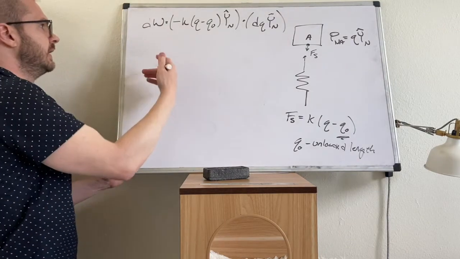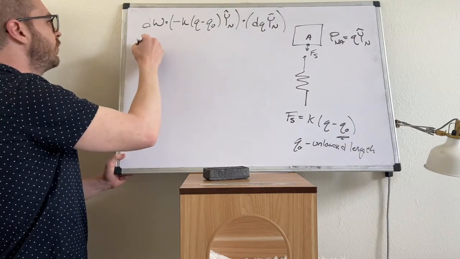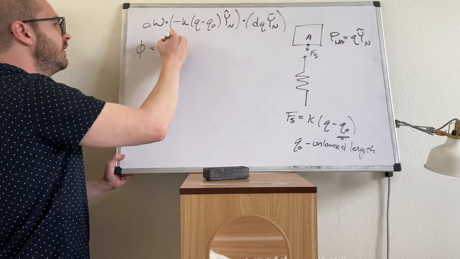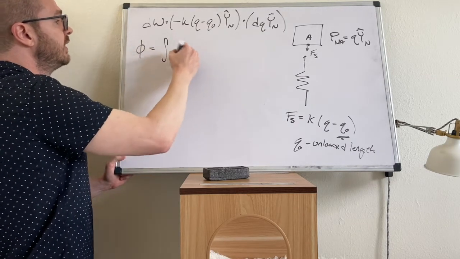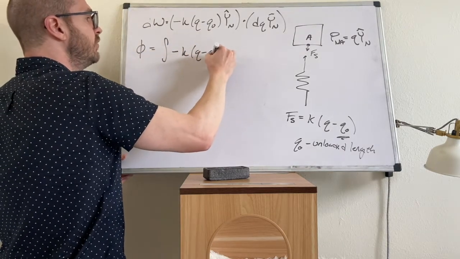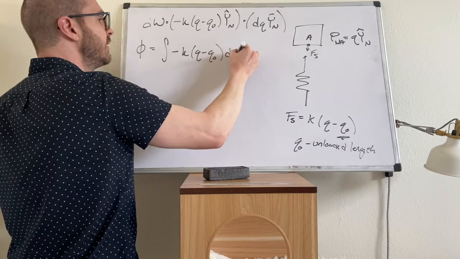Okay, let's just move on to the next steps. We know that the energy is going to equal the integral of negative k (q minus q naught) dq.